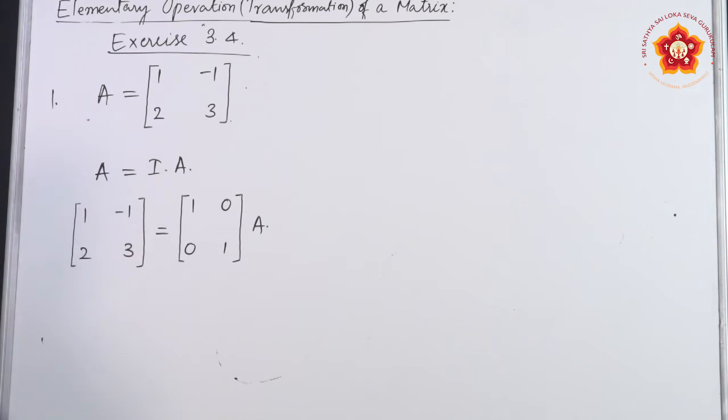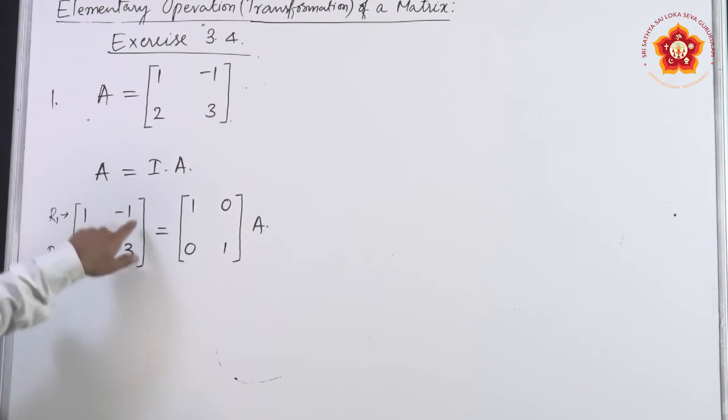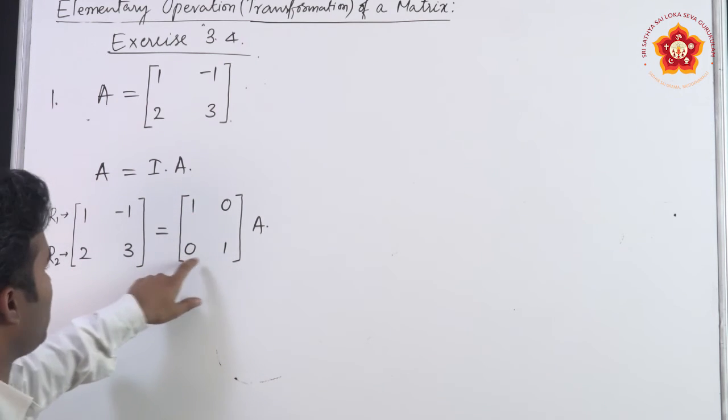of A. So, now to make this matrix an identity matrix, first I want to make this element 0 as well as this one 0, and this should be 1, this should be 1. Now, see here, R1 is 1 -1, R2 is 2 3, and here also the same thing, R1 is 1 0 and R2 is 0 1.